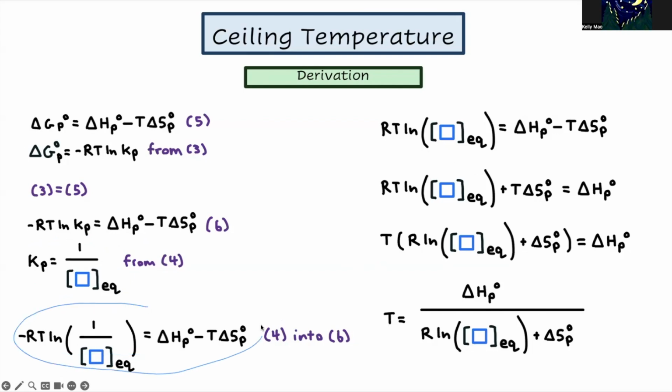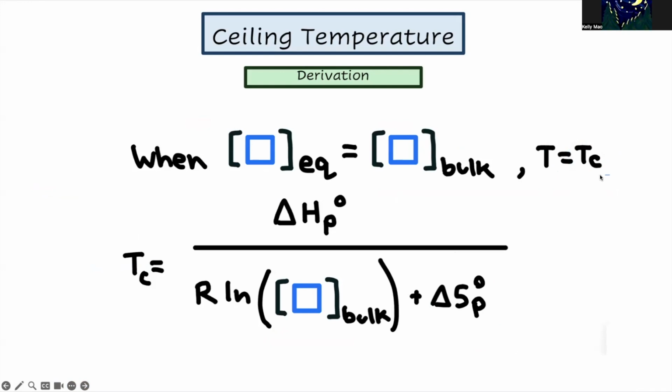If we solve this equation for temperature, which we have done here, we can get an expression for temperature in terms of the standard state enthalpy, the standard state entropy, and the concentration of monomer at equilibrium.